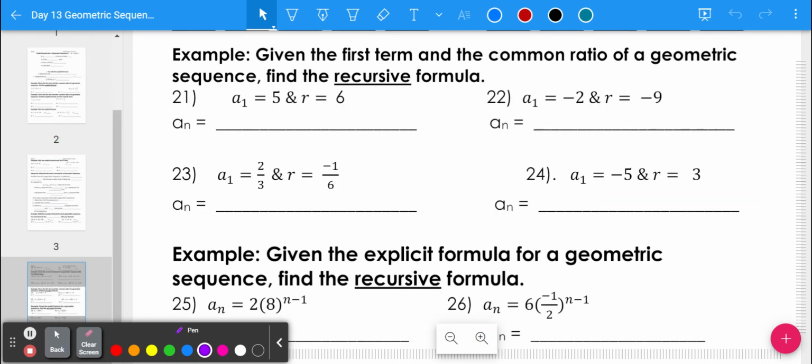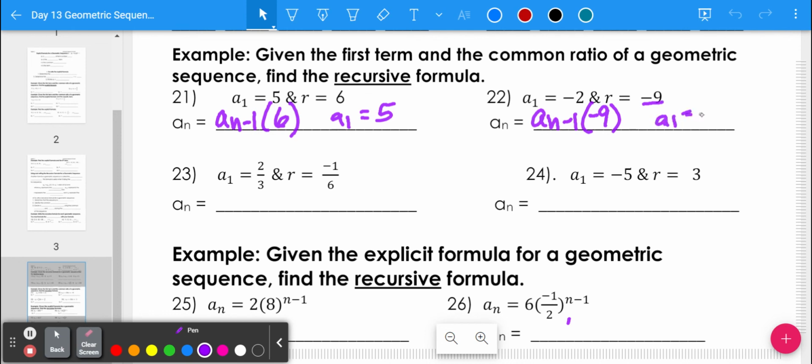Next little section should be fairly easy for us. They've given me the first term and what the common ratio is. They just want me to make the recursive formula. So the part that never changes, a sub n equals a sub n minus 1, we're going to multiply that, in this case, by 6. And my first term is 5. For number 22, the part that never changes, a sub n equals a sub n minus 1. It's geometric, so I'm multiplying this by negative 9. It's identified here.